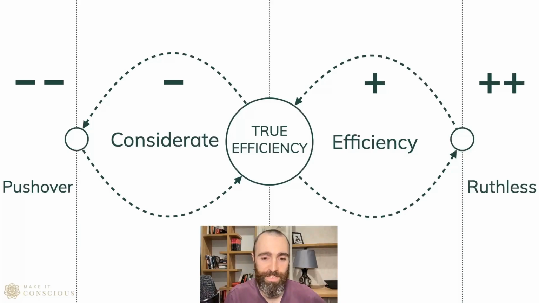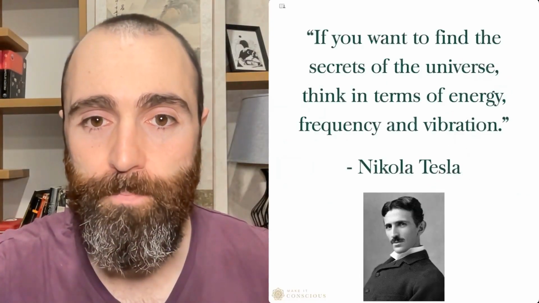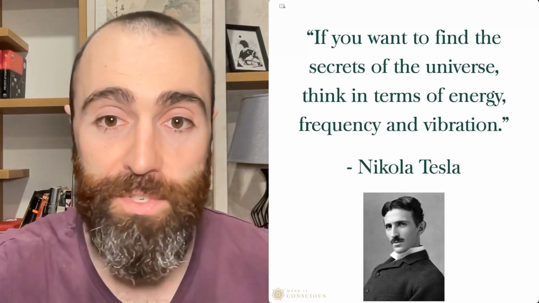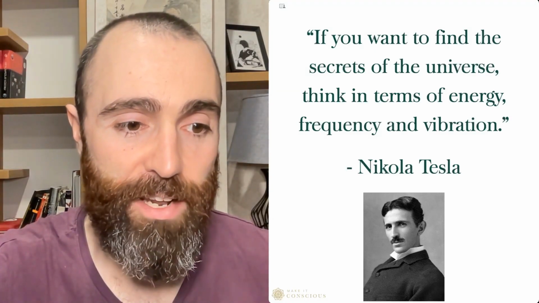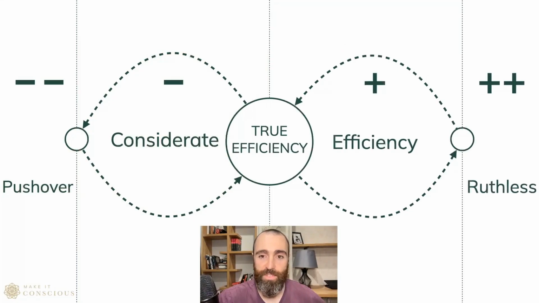I think it was him that said that. But there's a truth in that. And here we're also getting an idea of the holistic nature of this. These 3 dimensions themselves all actually relate to each other. There's a commonality between them. Energy is a kind of frequency, frequency is a kind of vibration, vibration is a kind of frequency and a kind of energy. So what is the difference then between efficiency and ruthlessness?